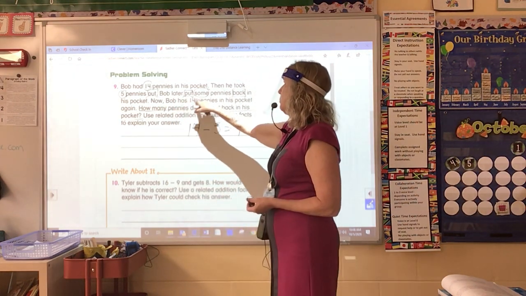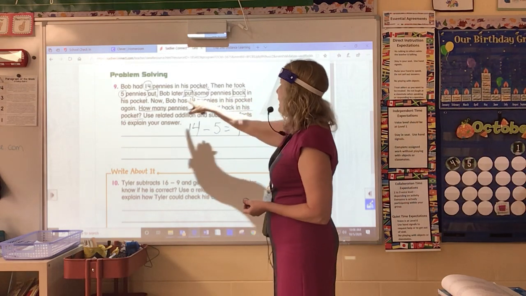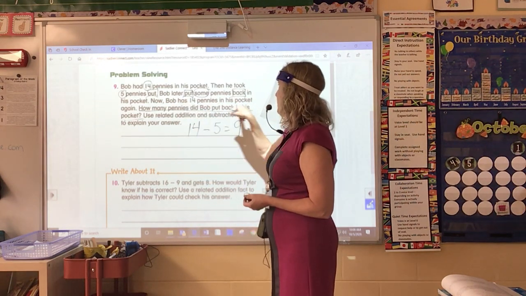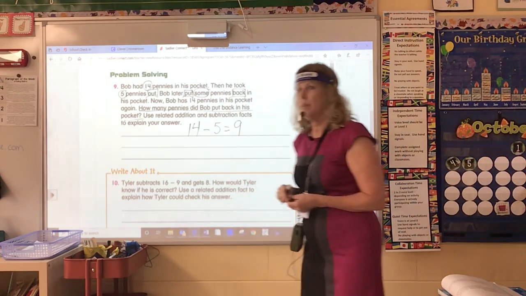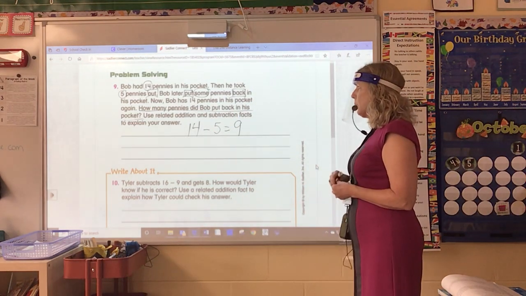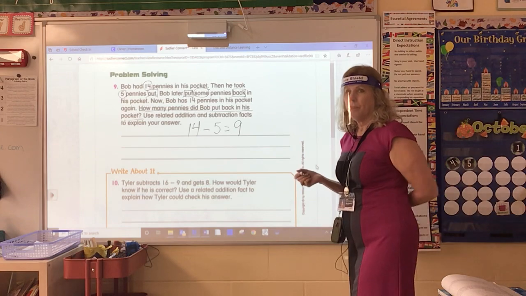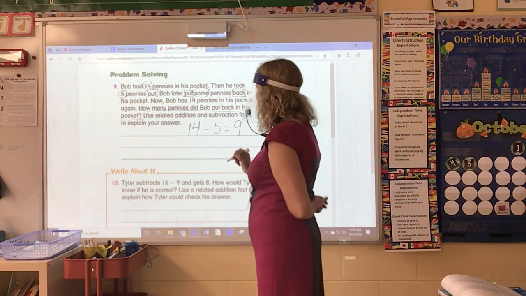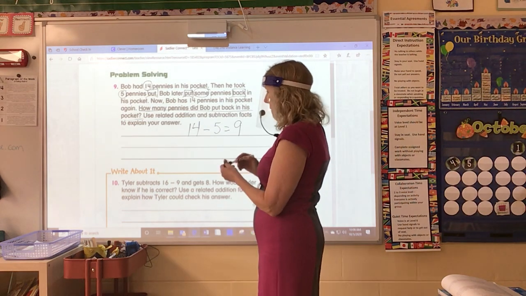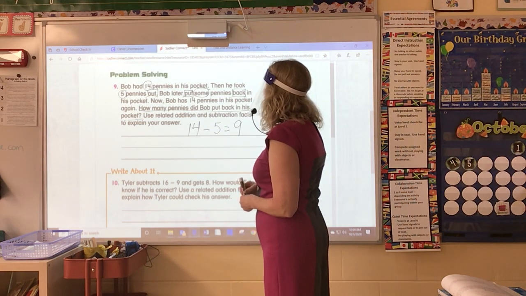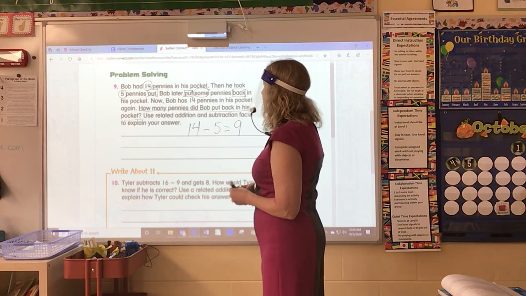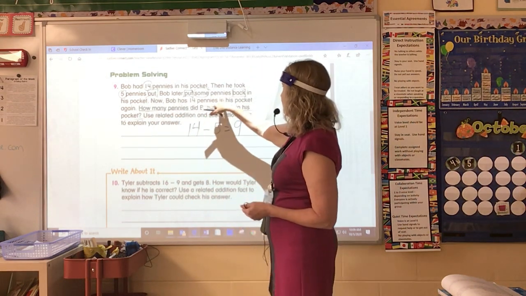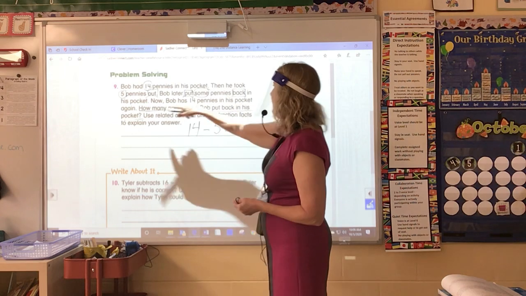Bob later put some pennies back in his pocket. Now he has 14 again. So now what is our problem going to be? Miles? 5 plus 9 equals 14. Okay. Then he took 5 pennies out, but later he put some back in his pocket.